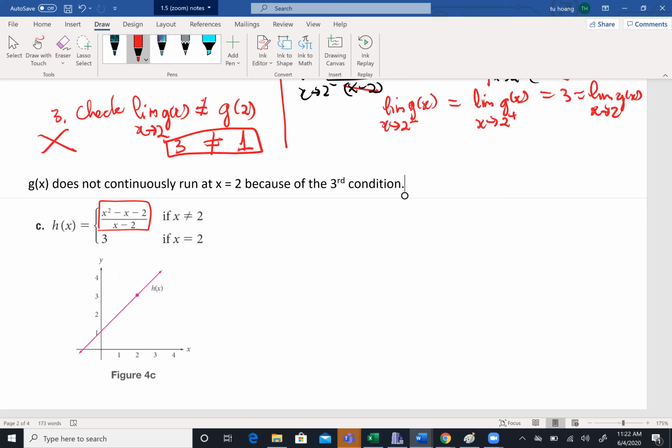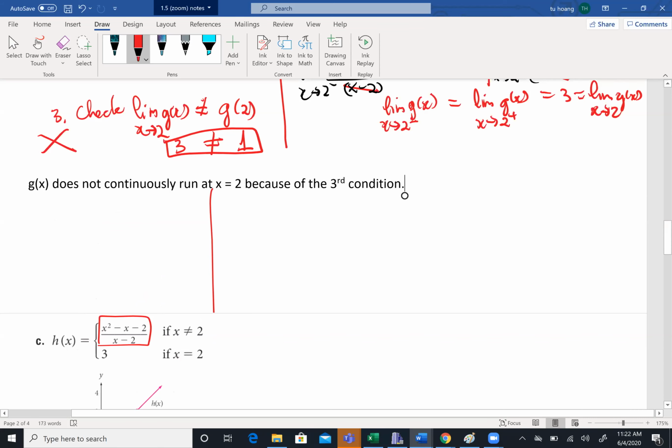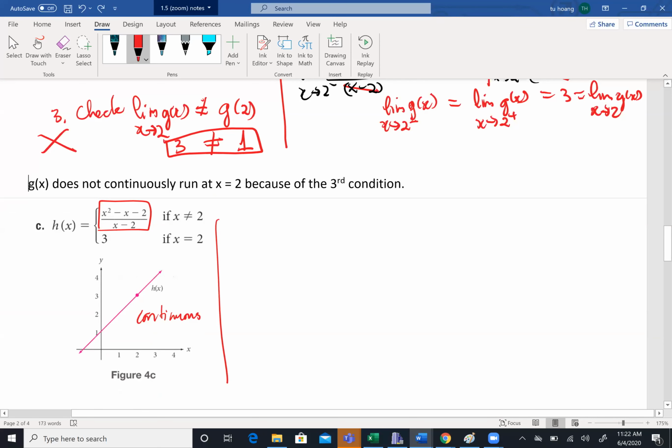The graph looks smooth when you see it, and I'm pretty sure it's going to be continuous. So now let's use the three conditions to check it.